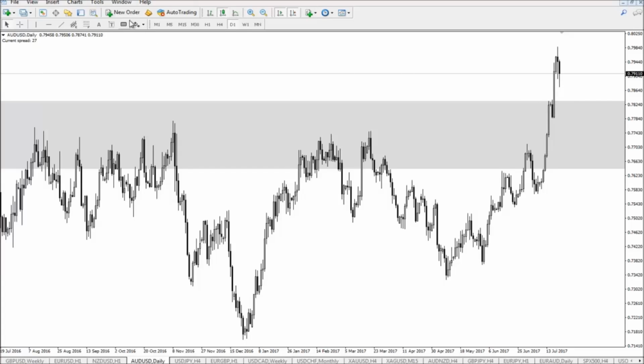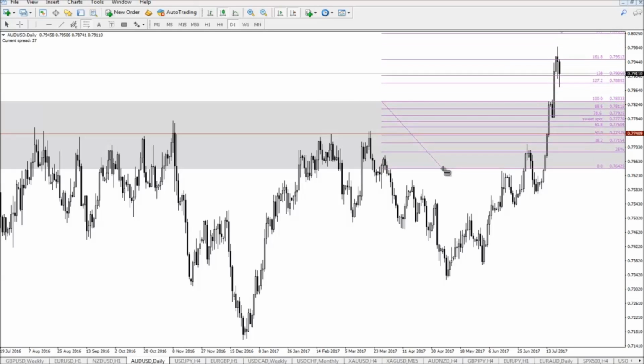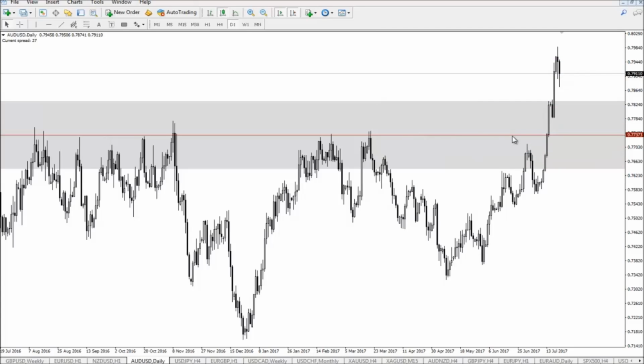It possibly could come into here, but I don't really want to see it come below 50% of this, because if it does, then I'm not sure. And if in doubt, there are other pairs to trade. So I don't want to see it coming below here, the 77.40s. But if it does, I can't do anything about it.